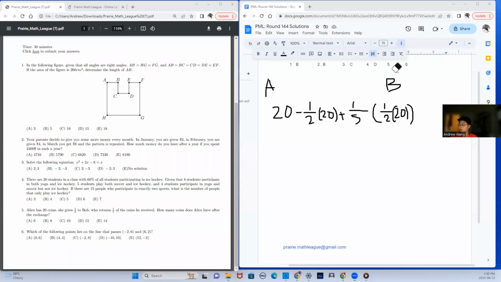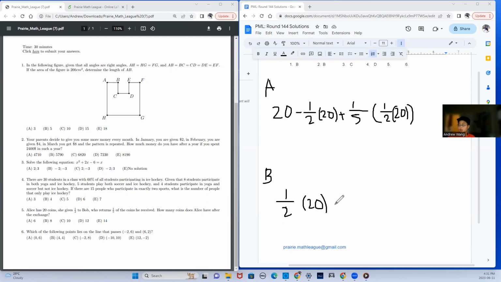And we'll actually just move this Bob section to the bottom because we don't have enough space. And this will be Bob's value. Plus a fifth of the money she gave. So we have no idea what Bob starts out with, but all we know is that he receives half of 20 from Alice.